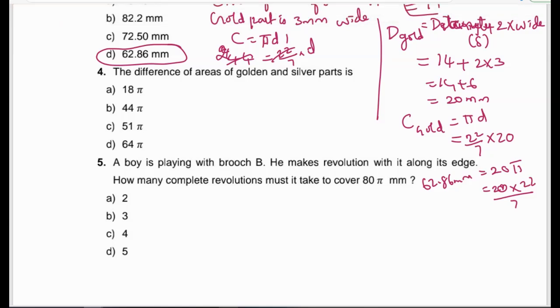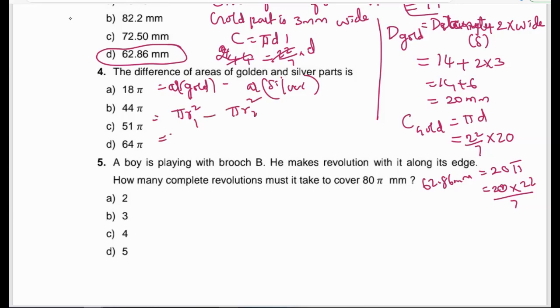What is the difference of area of golden and silver path? We have to find. So here the difference will be equal to area of gold minus area of silver. Area of gold is pi r square 1 minus pi r square 2.